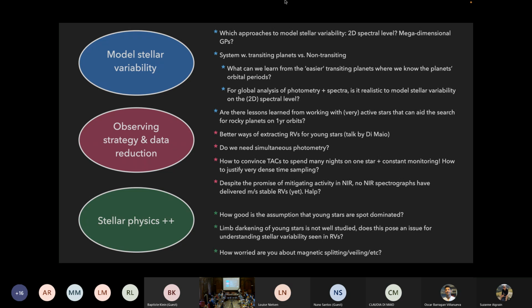Following up on the question about quasi-simultaneous photometry and or multiple instruments, there are two things that come to mind. One of them is that the Potsdam group is not represented here today, but they have tried to do a chromatic GP model. And I would say it's still a work in progress.